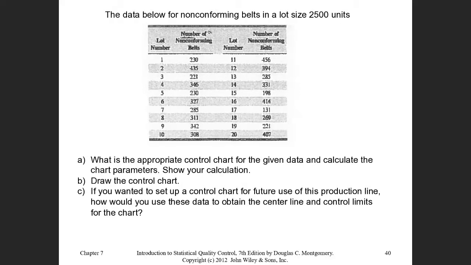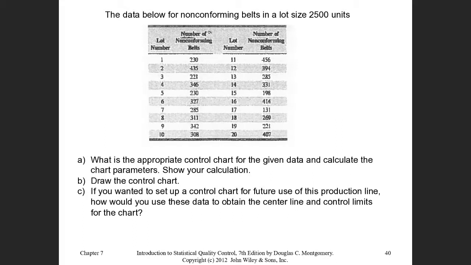The example says we have the data below for non-conforming builds in a lot size of 2,500 units. What is the control chart that is suitable for this data?